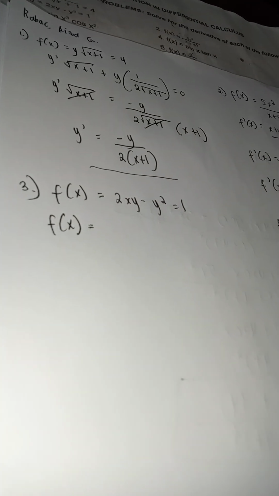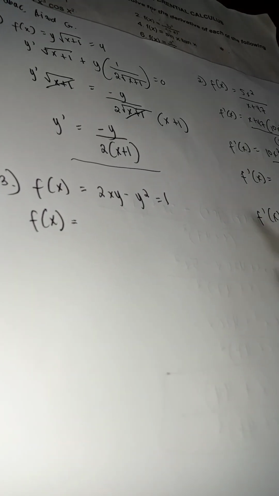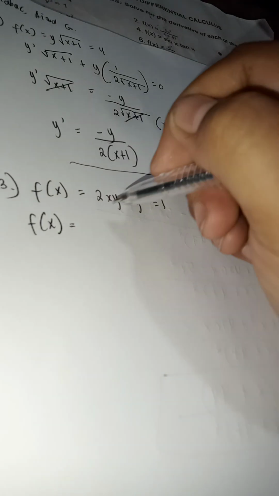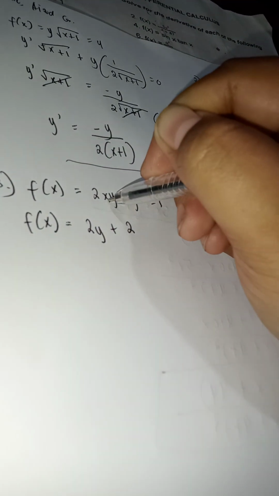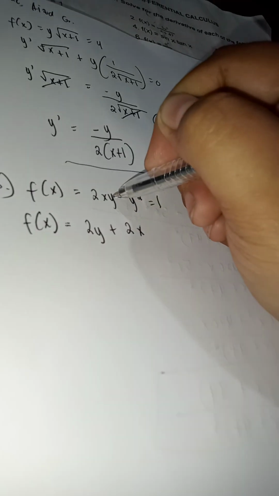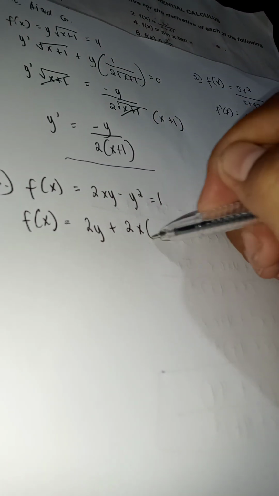This part is a bit confusing, but with practice problems we can get it. So we are going to get 2y plus 2 times x and the derivative of y, which is 1.